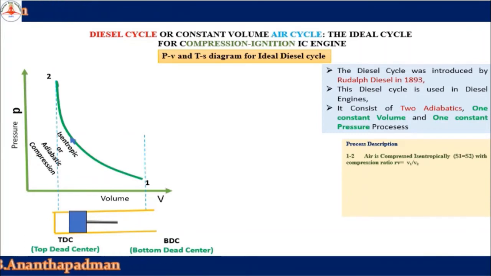Compression ratio Rv is equal to V1 by V2. Here entropy S1 is equal to S2.